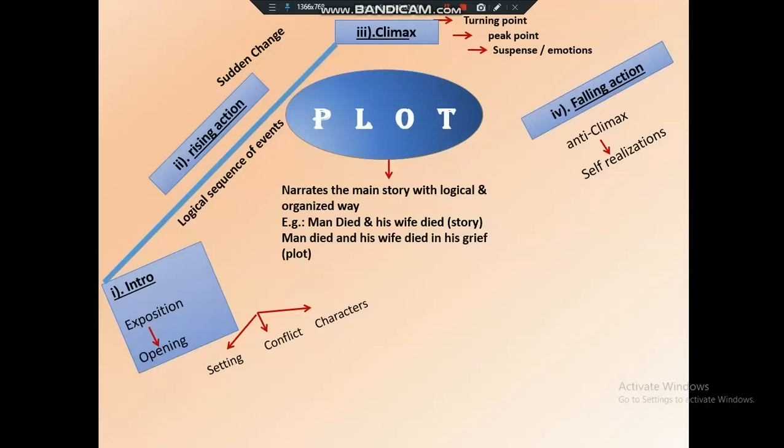In other words, you are going to have some hints now about where the play is going to turn, to which direction. And this is all about falling action or anticlimax.